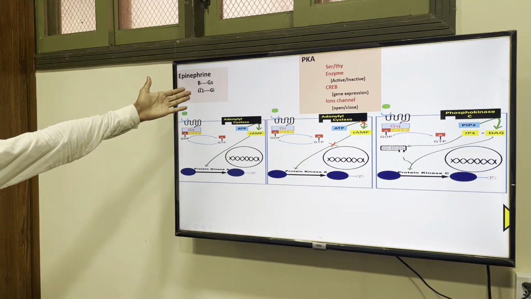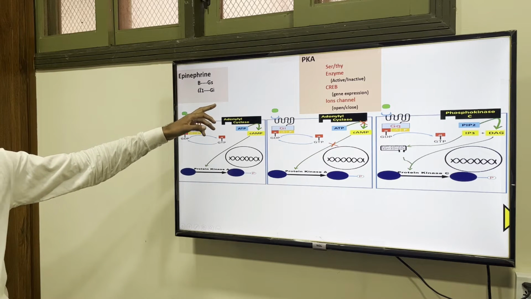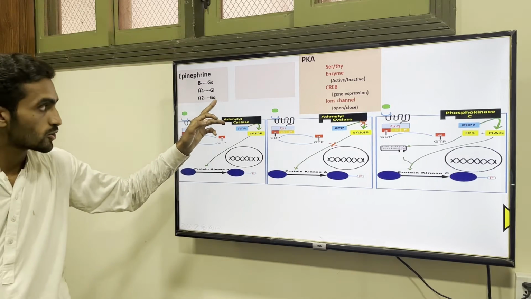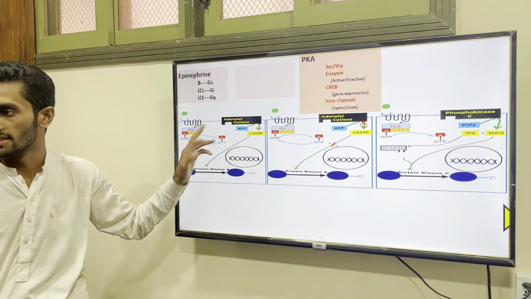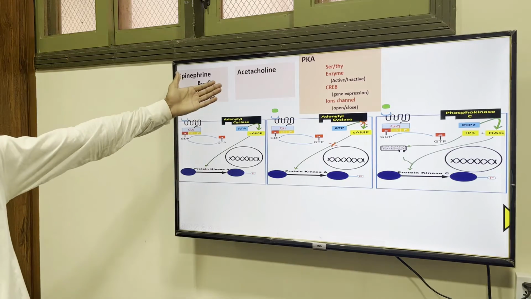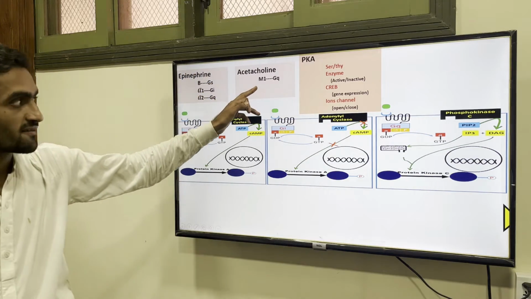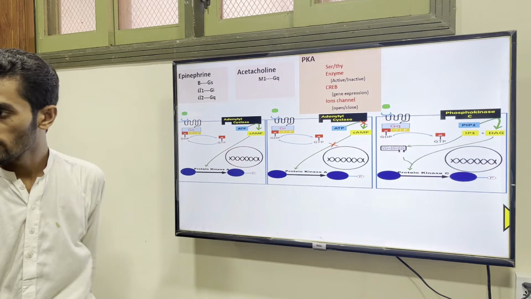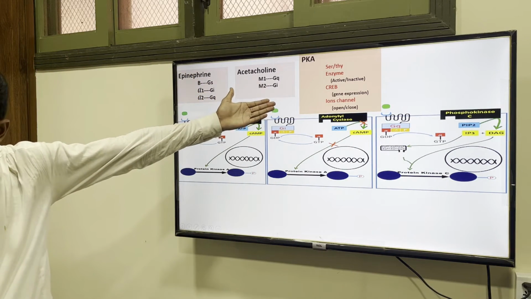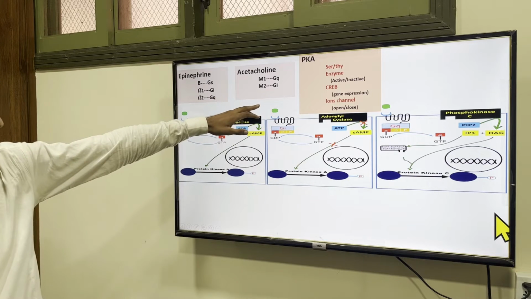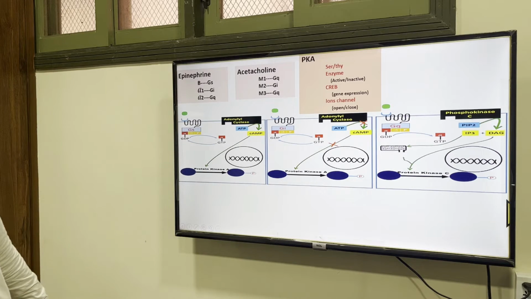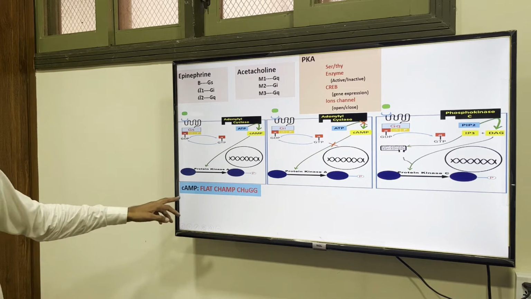When it attaches with the alpha 2 receptor, it activates the Gi system. When it attaches with the alpha 1 receptor, it activates the Gq system, which is IP3 related. For acetylcholine, when it attaches with the M1 receptor, it stimulates Gq. When it attaches with the M2 receptor, it stimulates the Gi system, and M3 is also the Gq system.